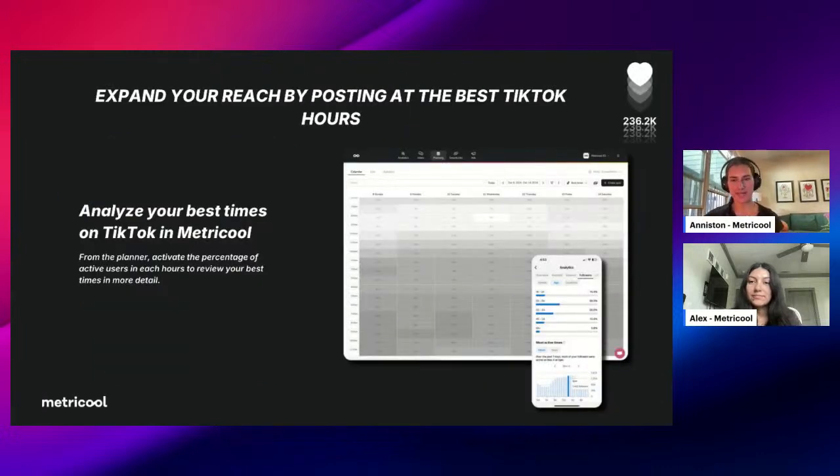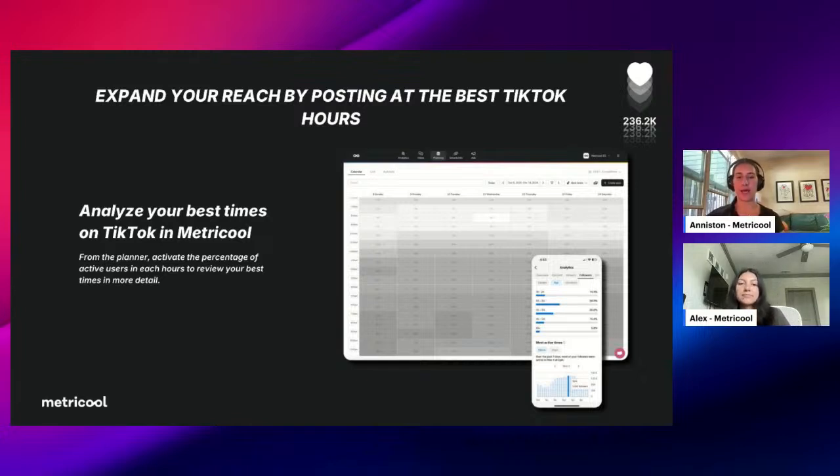And then speaking of best hours, if you are already a Metricool user, you know that our planner has a best times feature. This is available for Facebook, Instagram, TikTok, LinkedIn, YouTube, and X. So if you're looking to find your best times depending on your audience, Metricool's platform tracks when your followers are active to give you a really accurate understanding of when your followers are online.